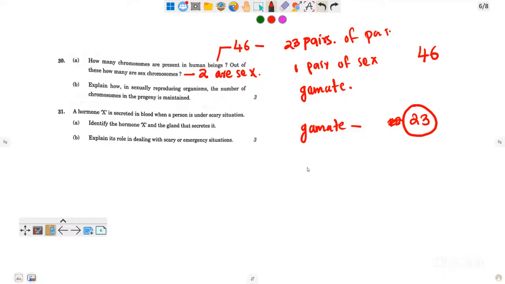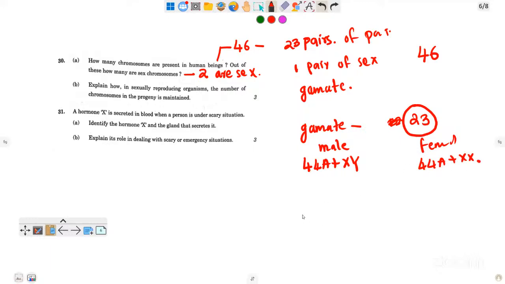Then you can also represent it by 44A plus XY, that is male, and female you can represent by 44A plus XX.